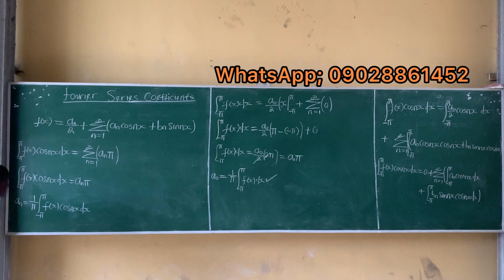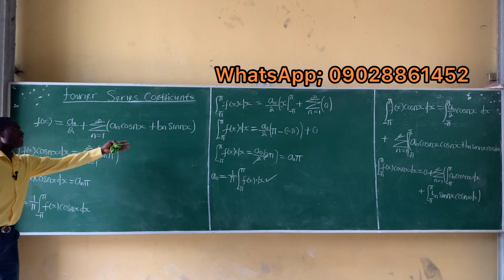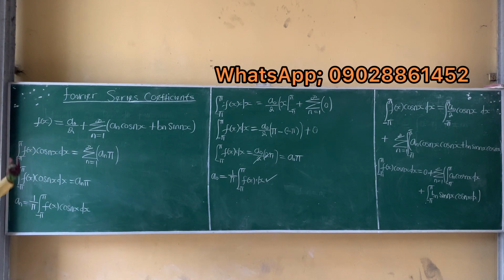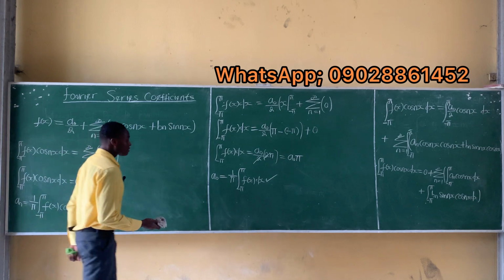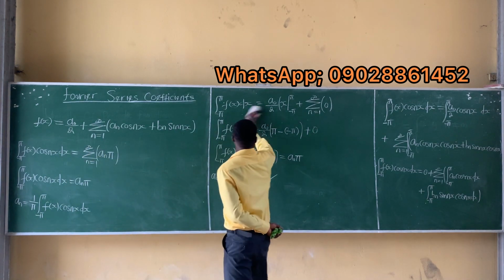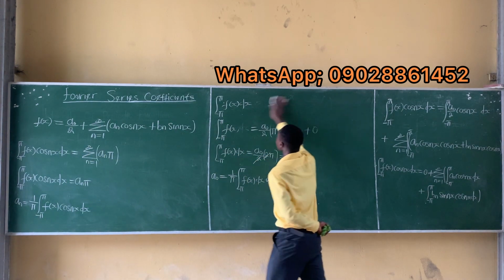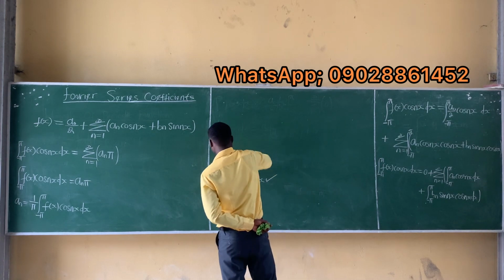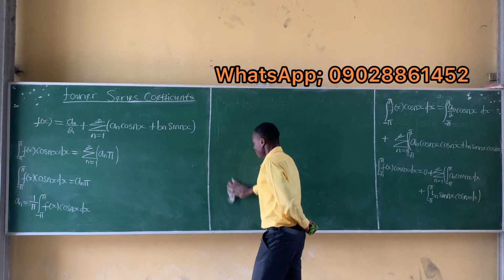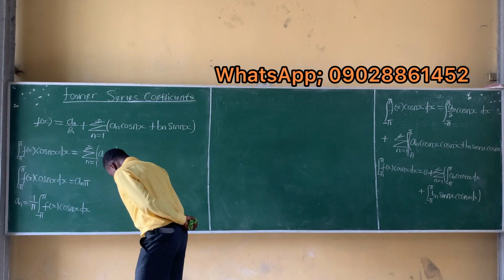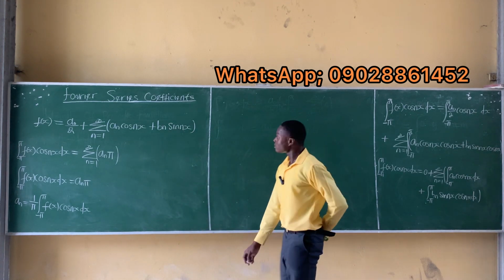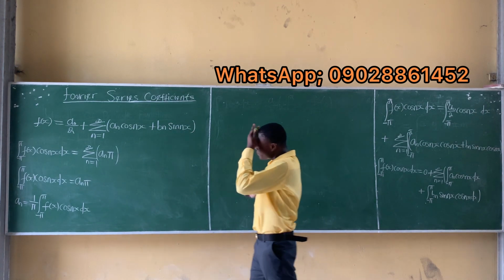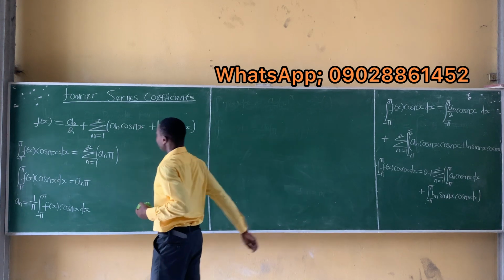Alright, so we are going to multiply both sides now by sine and integrate to find b sub n. But because of time, I would like to be fast about that very integral. So we have to multiply this function by sine and integrate.